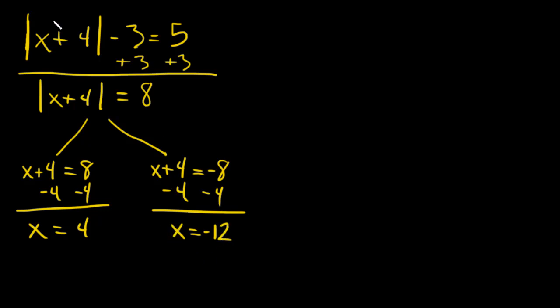Alrighty. Does it hold? Well, 4 plus 4 will give me 8, which when I take the absolute value is still 8. 8 minus 3, 5. That works. Negative 12 plus 4 is negative 8, but when I take the absolute value it's positive 8. Positive 8 minus 3 is 5. It works. So there you go.